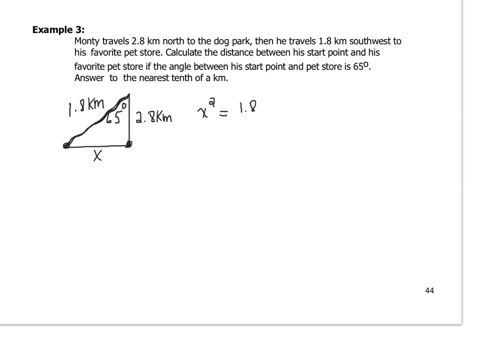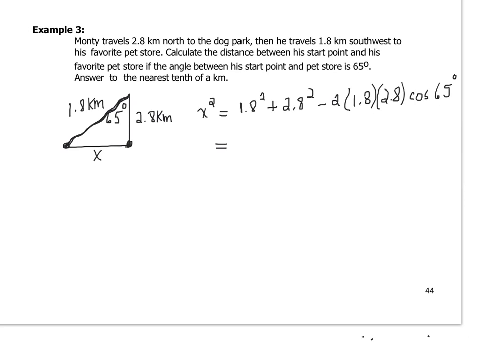So 1.8 squared, and add it to the other one squared, 2.8 squared. And then it's minus 2 times the product of those two sides that you have, times the cosine of the angle in between those two sides, or across from the side you're looking for.